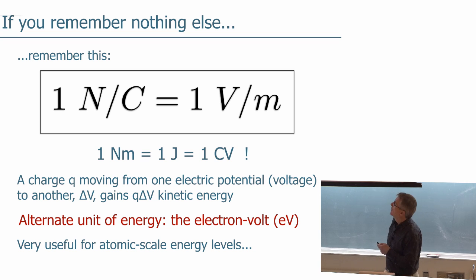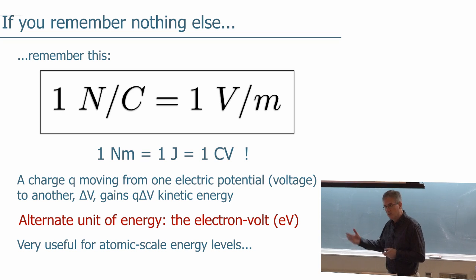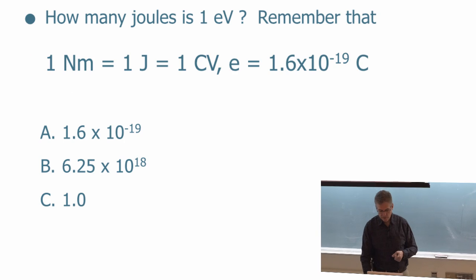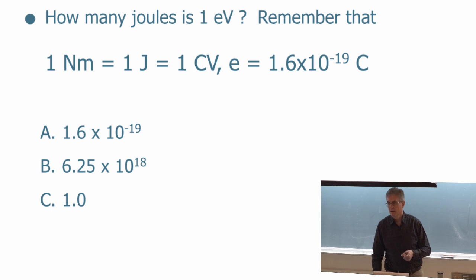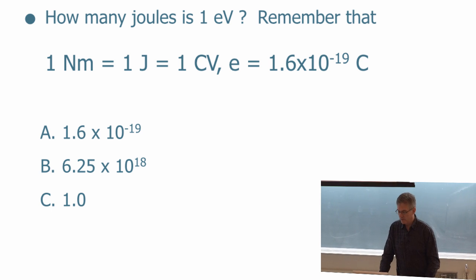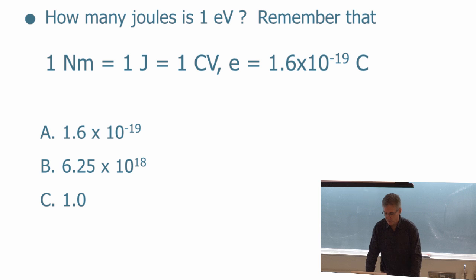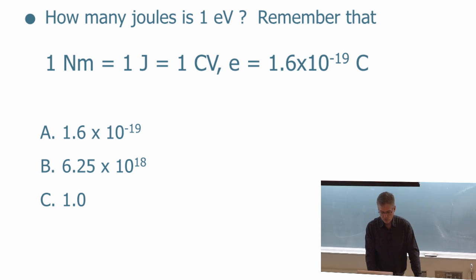We see that energy is charge times voltage, so that makes sense. So let's just use the electron charge, because that's a typical atomic scale energy. So let's calculate what it is. How many joules is 1 electron volt? Remembering that 1 Newton meter is 1 joule, and that's 1 Coulomb volt. So go ahead and calculate that. You shouldn't need a calculator to do it.